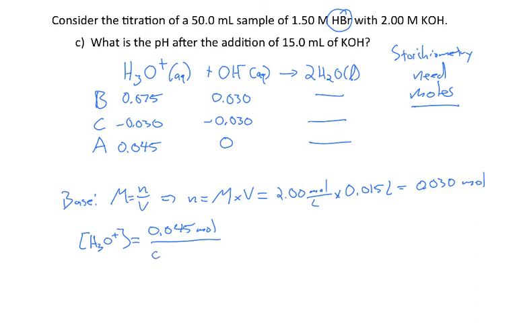Convert that to liters: 0.065 liters. And I get a concentration of 0.692 molar. All right, so to get the pH then, I just take the negative log of that. And I get a pH of 0.160.